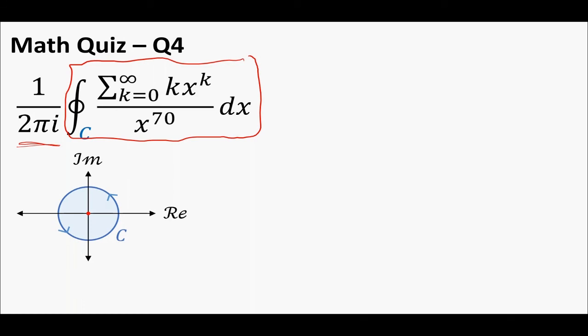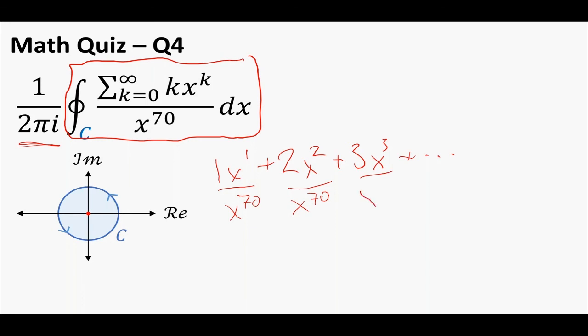It's going to look like this: 1 times x to the first power, plus 2 times x to the second power, plus 3 times x to the third power, and so on. And these are all over x to the 70. This will keep continuing on.